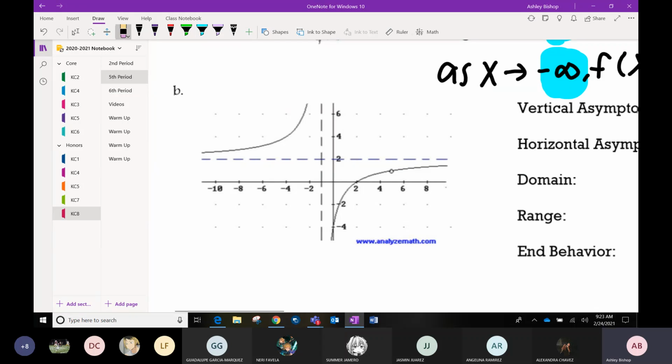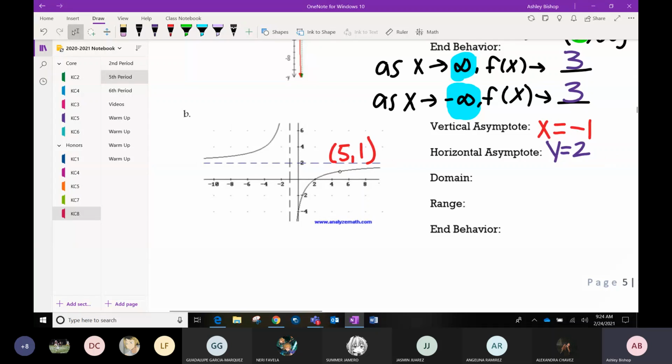There is a hole in that graph, which literally means if I'm drawing this graph, I have to pick my pen up when I get there and continue. A hole is a discontinuity, so that hole in my graph is discontinuous. This hole happens at 5, 1.